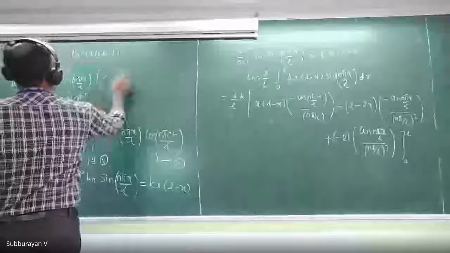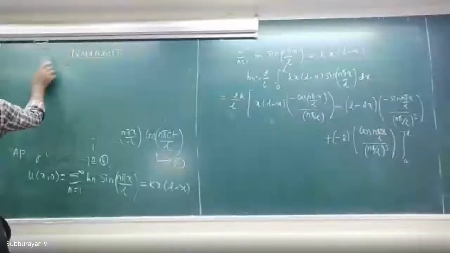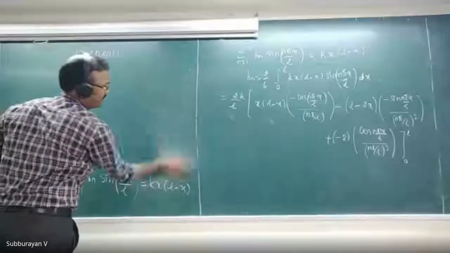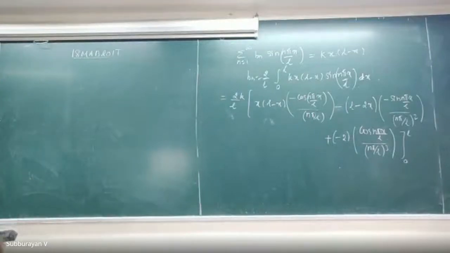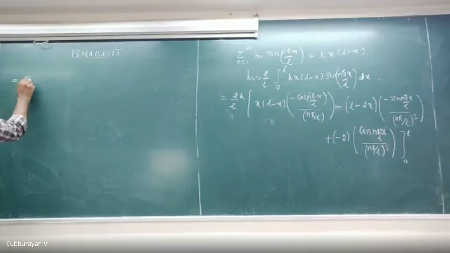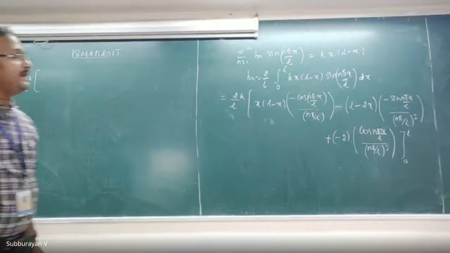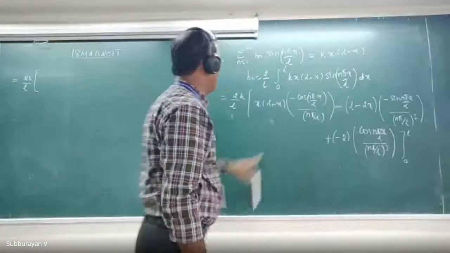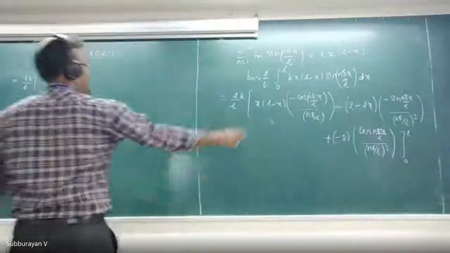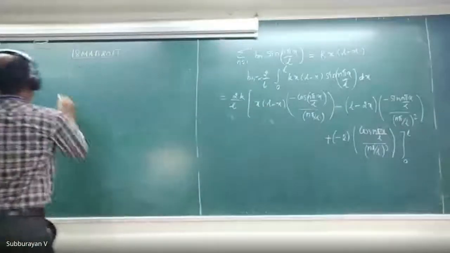Now apply the upper limit. What will I get? So this is equal to 2k divided by L. If I apply the upper limit, x equal to L, the first term will be 0.